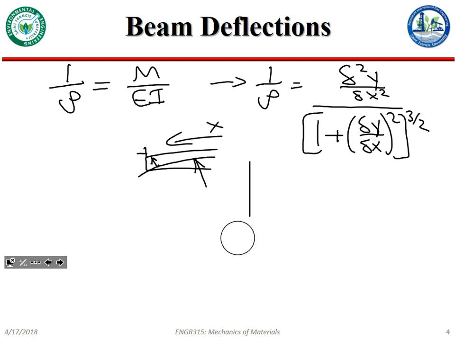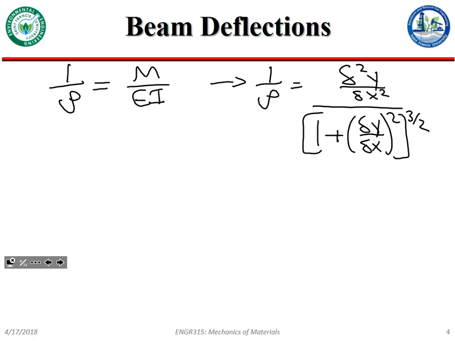Because if you look at this equation, we can simplify it with a couple of assumptions. One of them is to ignore higher order terms.